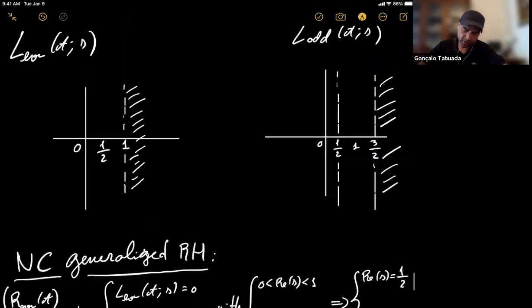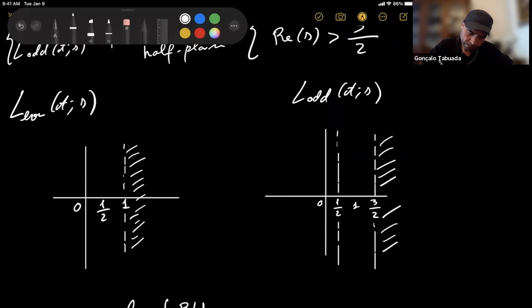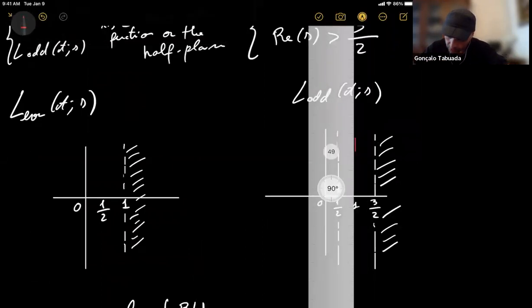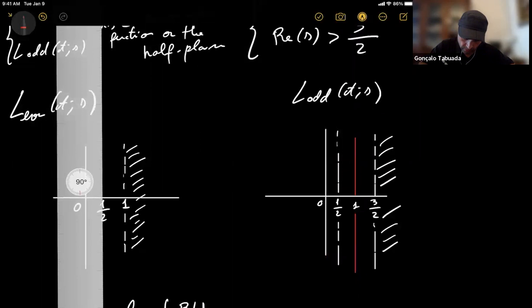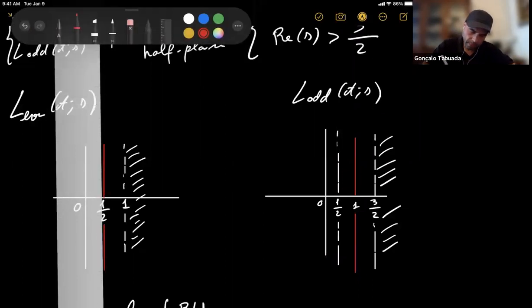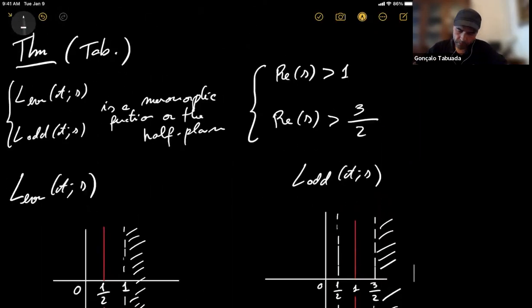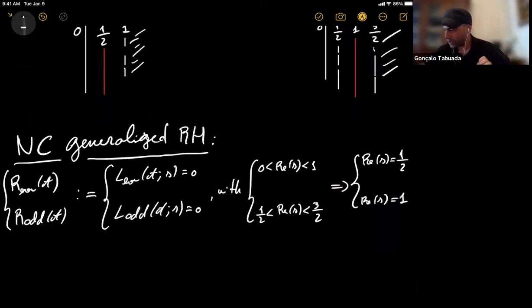So in other words, whenever I'm in this critical stripe, the zeros need to actually land here, and similarly, the zeros will need to land here. Yes. So yeah, and well, this ends the explanation of my title.